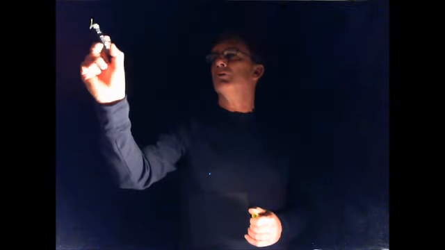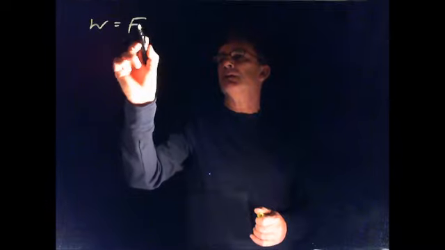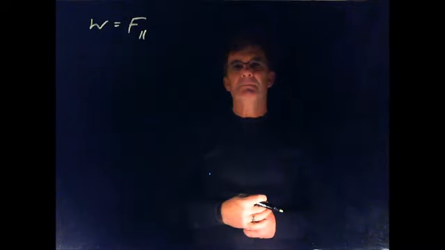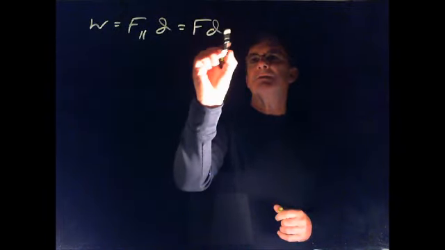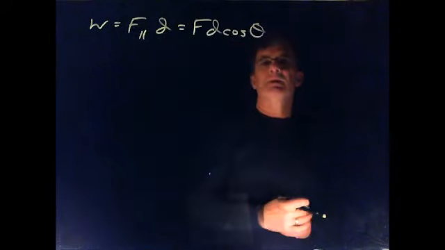So there's a couple of ways to write the work equation. I think one of the ways on the formula sheet is work is the parallel force times the displacement. It then writes it as F d cosine theta.